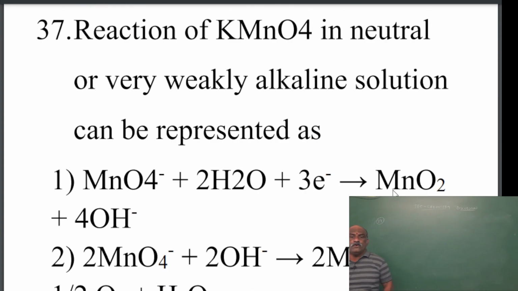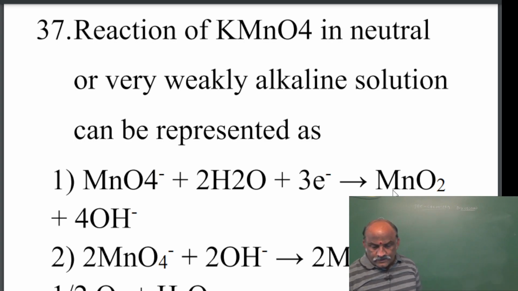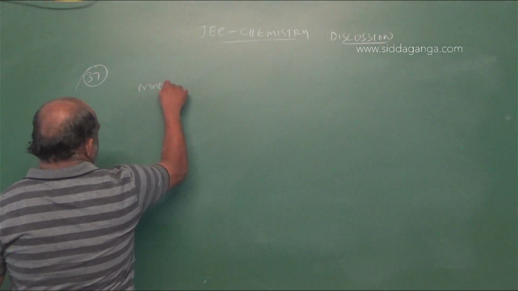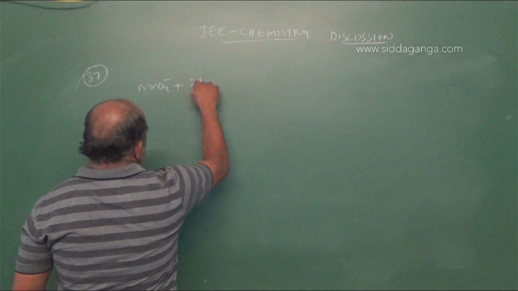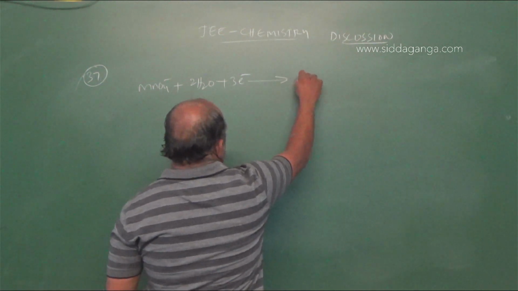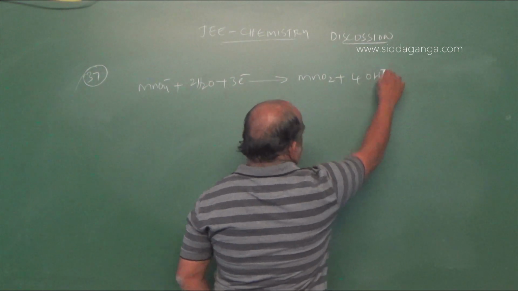Reaction of KMnO4 in a neutral or very weakly alkaline solution can be represented as... So that is answer 1. MnO4 minus plus 2H2O plus 3 electrons gives rise to MnO2 plus 4OH minus.